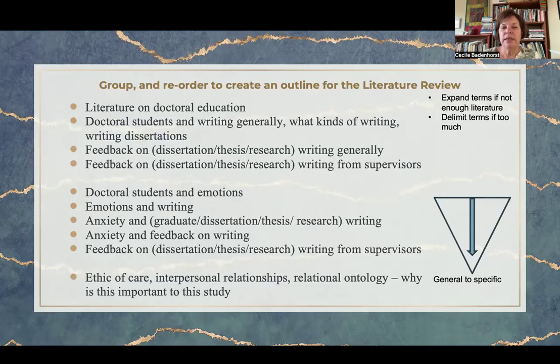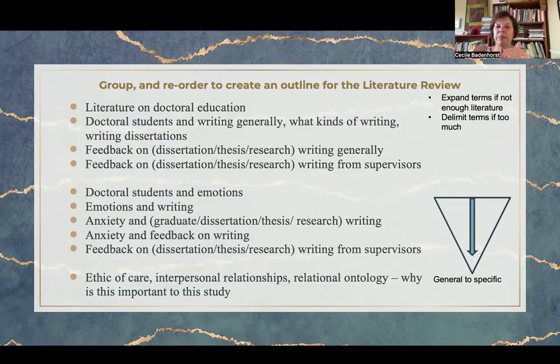But essentially, these would become your search terms that you would search through the library systems to find articles or books. They could also turn into the headings of different sections in the literature review, so they can become a plan. So that's why you might want to reorder things. And generally, it's not a rule, but generally you're going from the general to the specific.